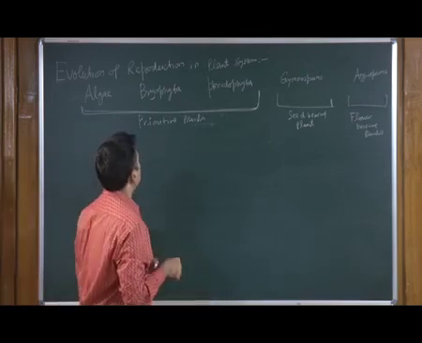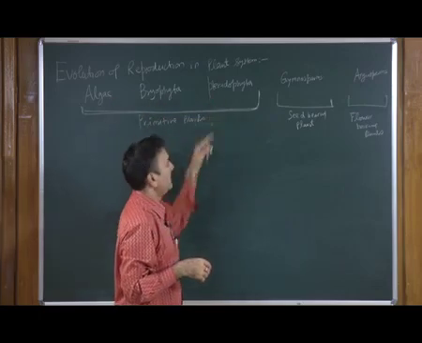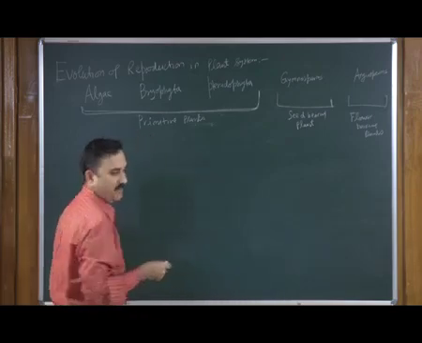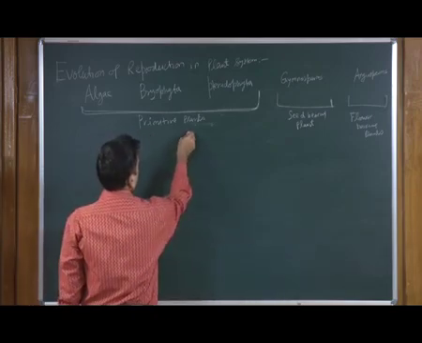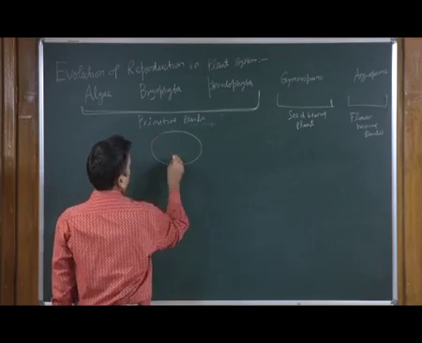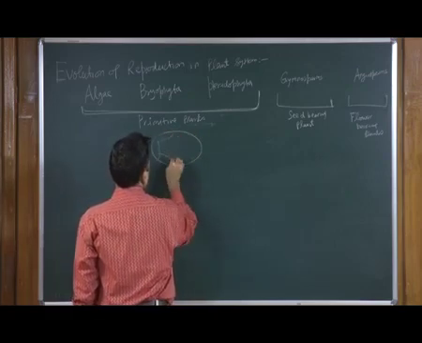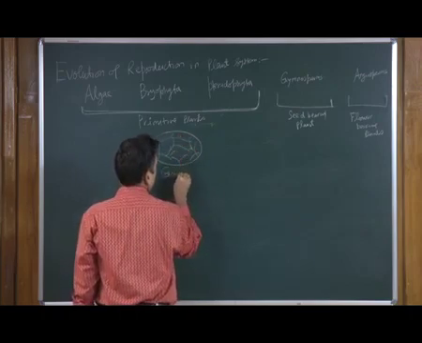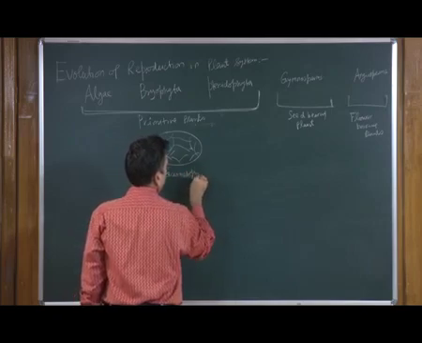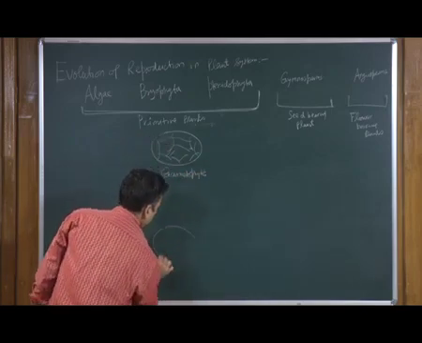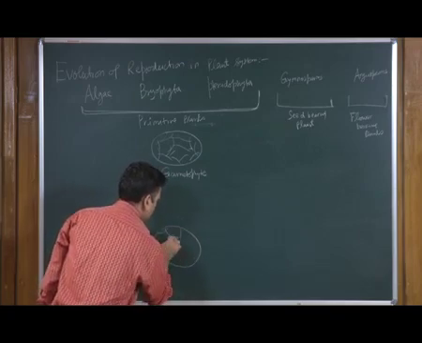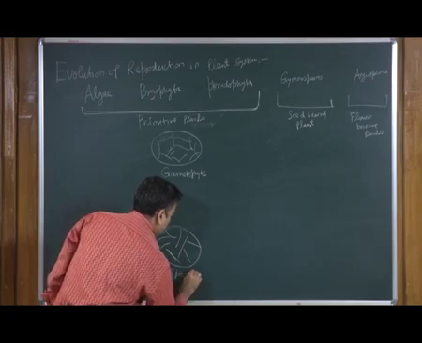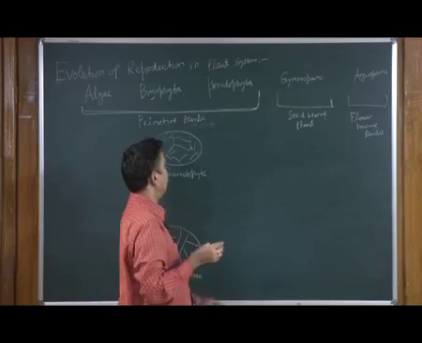Whether it is algae, Bryophyta or Pteridophyta, in fact, in the case of fungi also, we have two different phases. One is called the gametophyte, and the other is called the sporophyte. Okay.